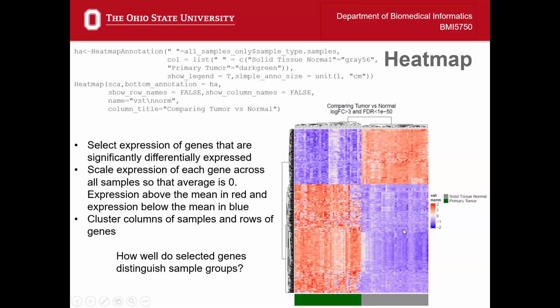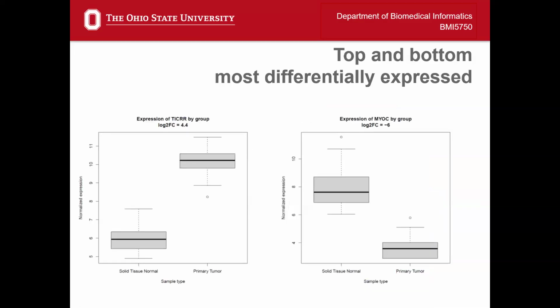So that is a check for your heat map. Are the genes you picked out good at clustering your samples into the proper groups? Another thing I like to check out just to make sure I factored my groups properly is the direction of fold change going in the direction I want it to.